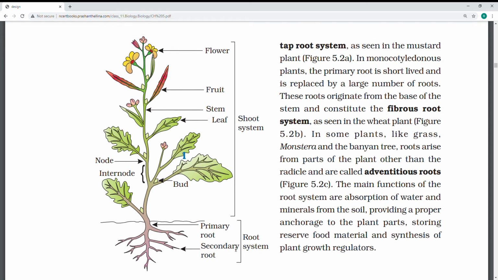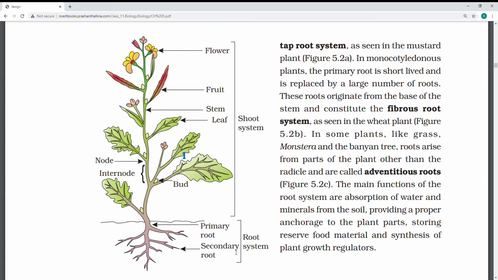These are the functions of the root, if you want to know first. Depending on the function only, the types are also divided. The taproot system develops from the radicle when the seed has two cotyledons, like if you see the dal, any plant, it is two.